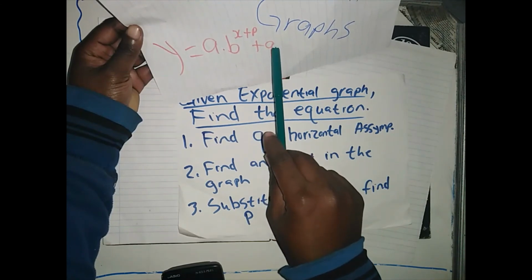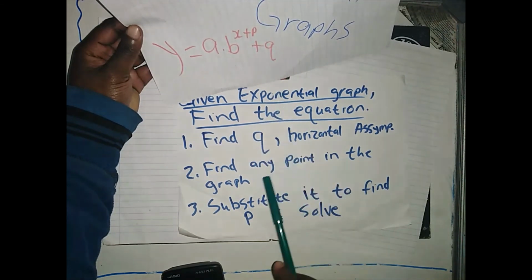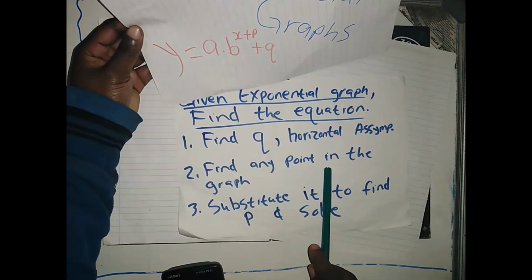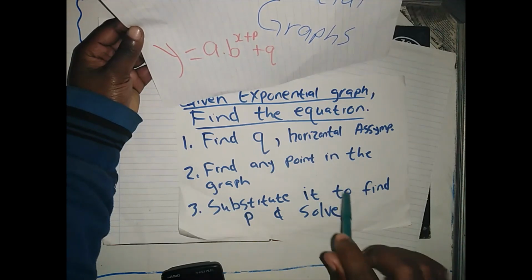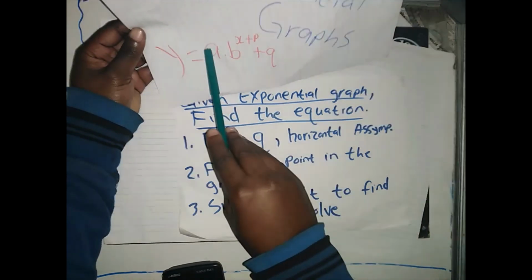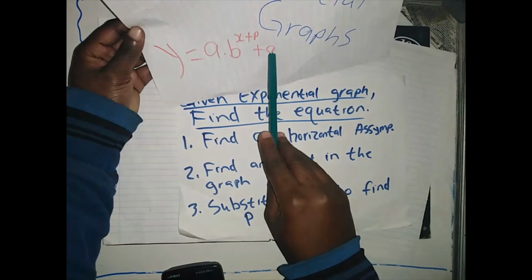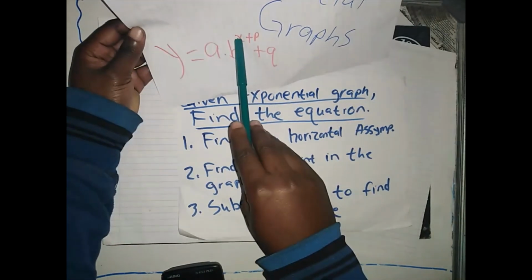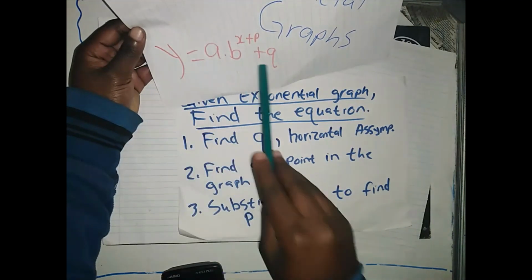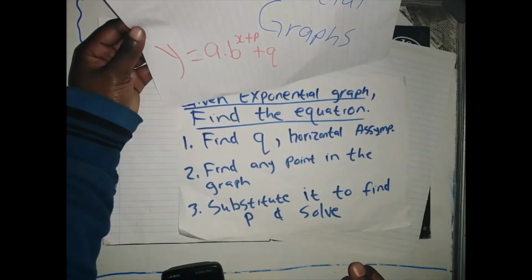And then the next one, find any point that is on the graph. When you have found this already, in most cases this is always 1. So you can substitute the x where it belongs and the y where it belongs, and then you can solve and find the value of p.